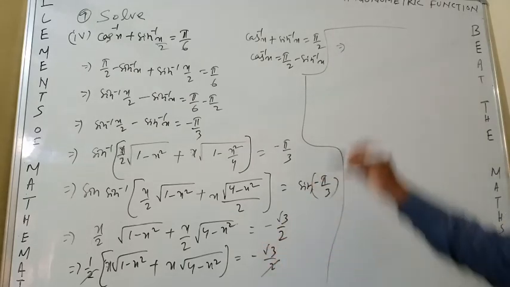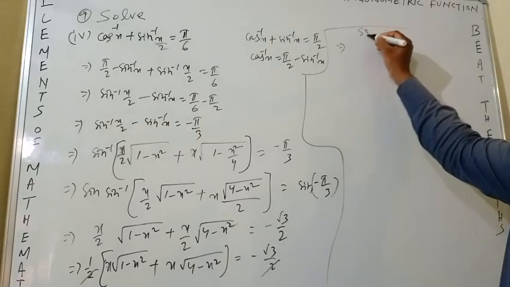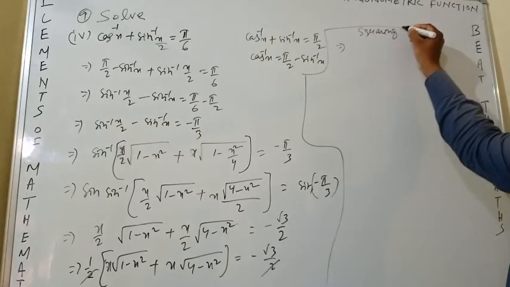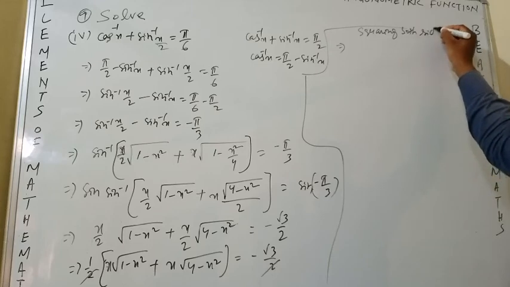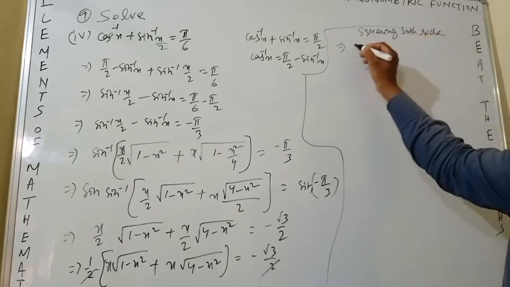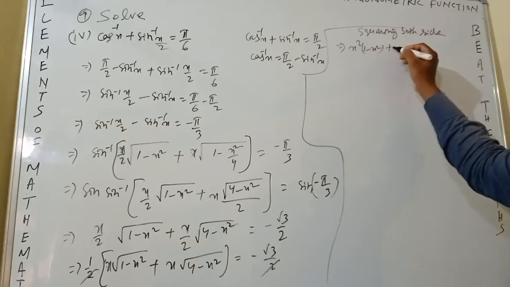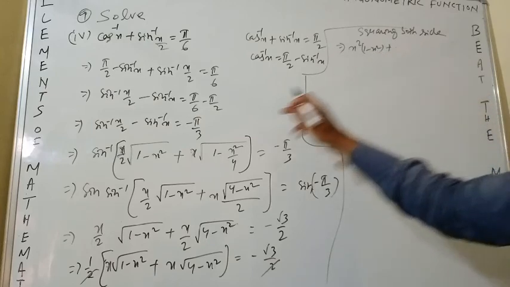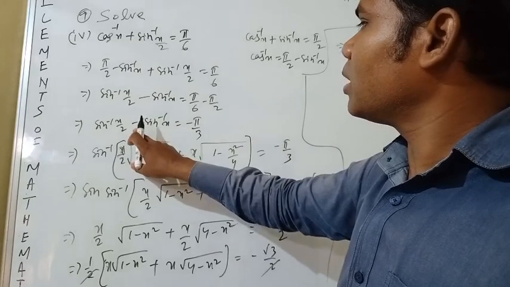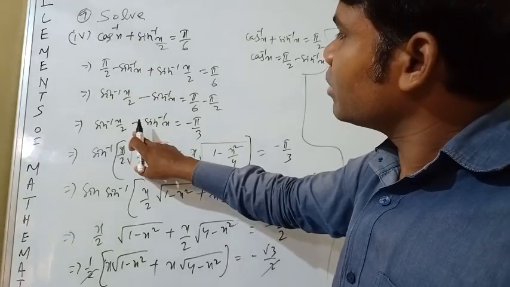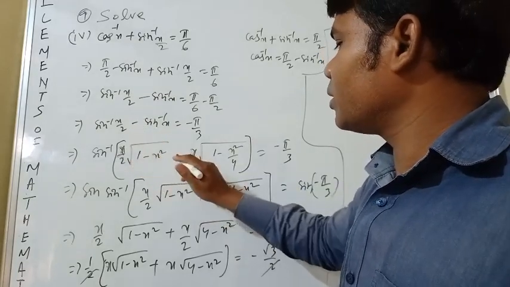Squaring both sides, this is equal to x square into 1 minus x square plus, minus sign is given, sorry for that.